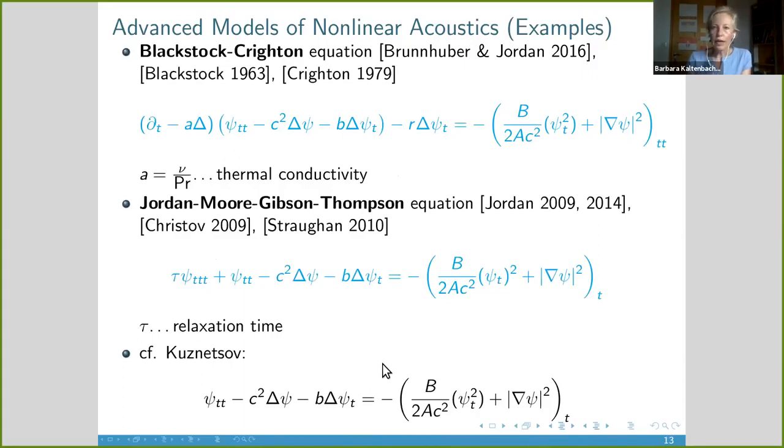Okay, one can also go the other direction and look at more complicated models. So take into account more physical phenomena. For instance, taking into account also energy balances and equations for the temperature and the heat flux, one ends up with the Blackstock-Crichton equation, which looks like this. I've written it here in such a way that you can maybe recognize it partly as Kuznetsov's equation, which is also copied down here.